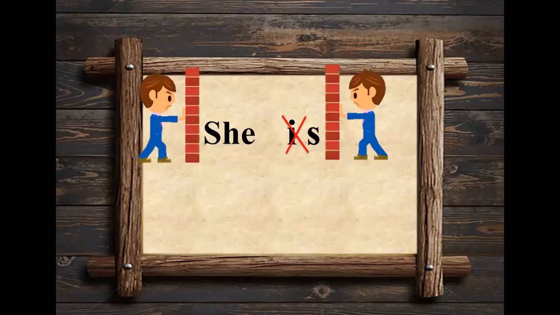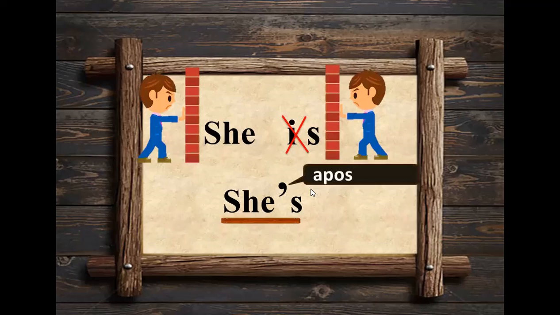After the letter I is removed, we get the contracted form of the word she's. Children, here you can see that the place of the missing letter I is taken up by an apostrophe. So now we have one word which is shorter.